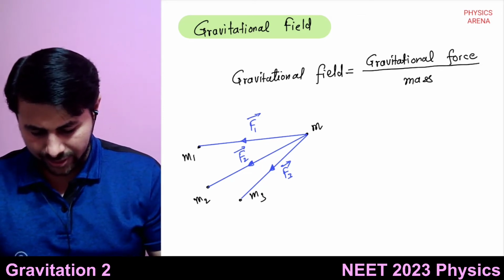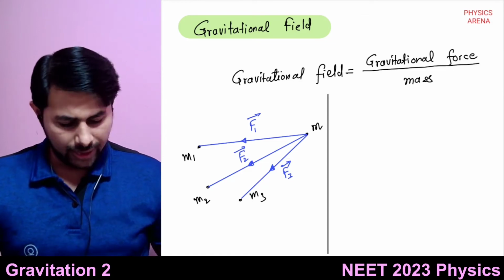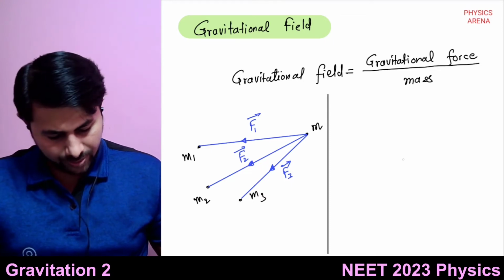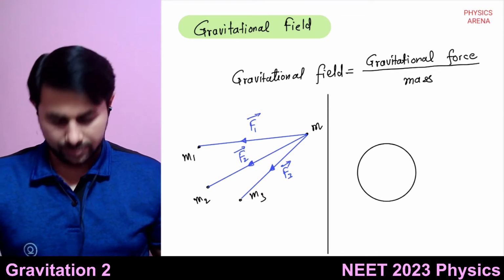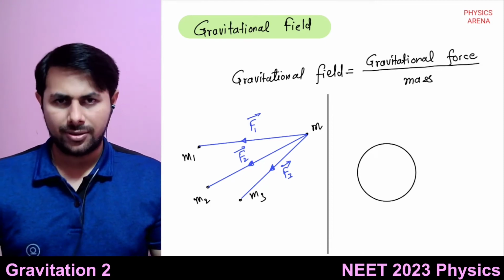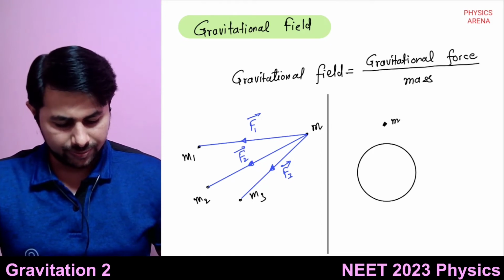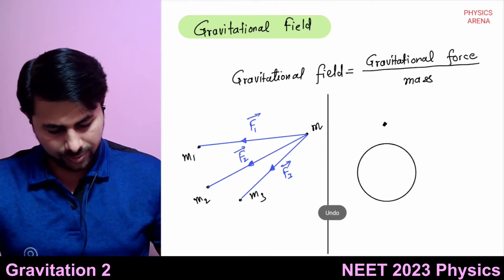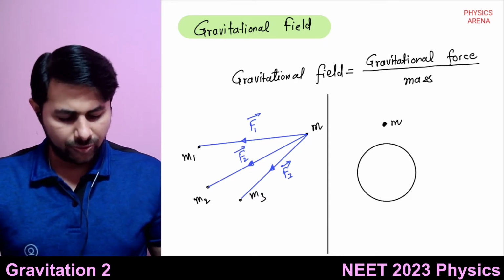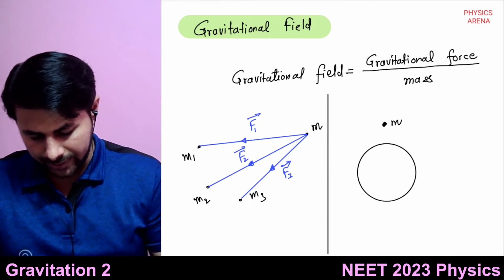So is it clear? Gravitational field is clear. Now, suppose we have Earth. What would be the gravitational field due to Earth? You have some mass, you keep it here. What will be the gravitational field due to Earth only on that mass?